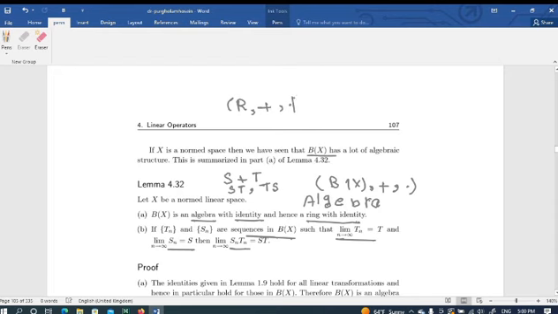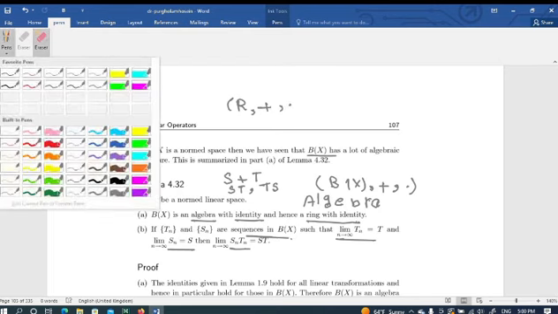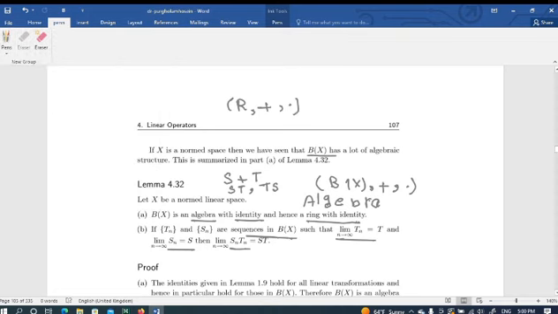But an algebra is a special ring, not every ring. This is a ring such that R with plus is a vector space. When R with plus is a vector space, this ring will be called an algebra. This algebra can have identity or not.